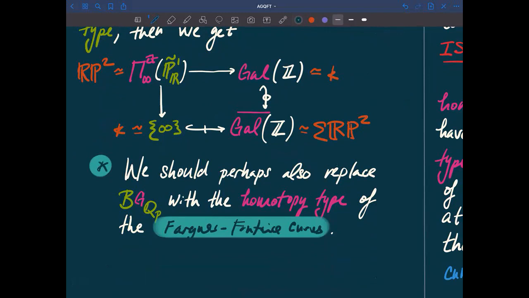I don't precisely know how to do that, mostly because I don't know what the étale homotopy type of the Fargues-Fontaine curve looks like. I know what its fundamental group is, but I don't know more. So it's only ignorance that's stopping me from doing this. I'm just not sure.